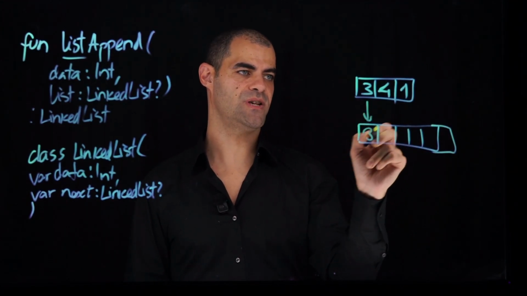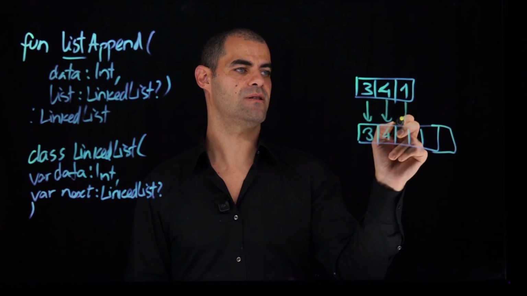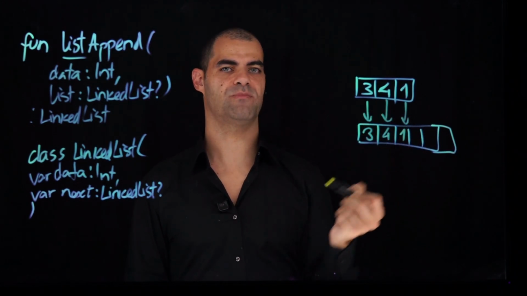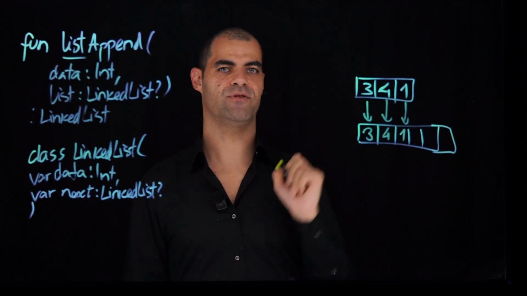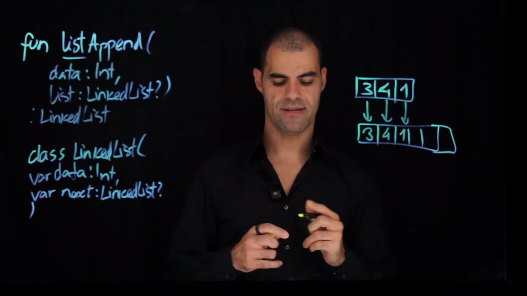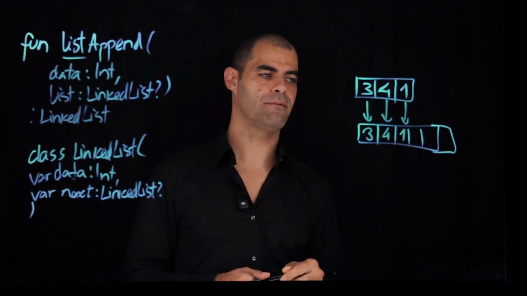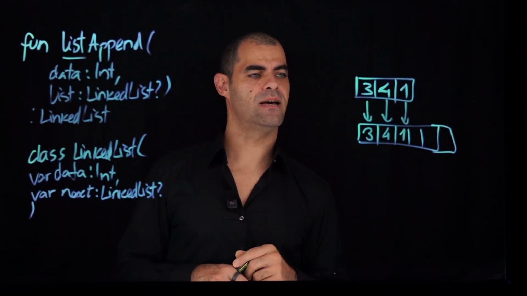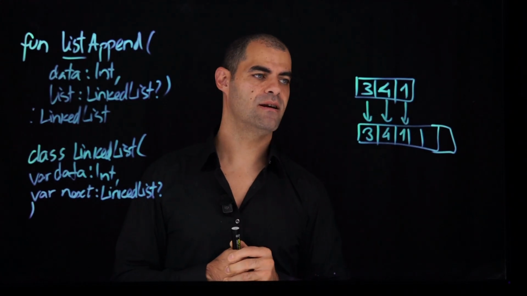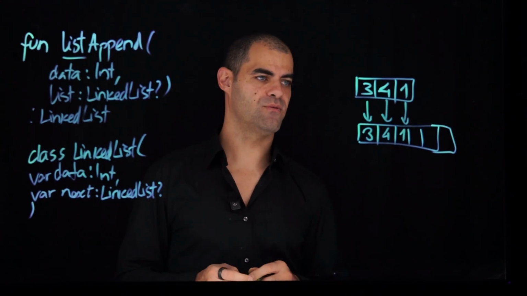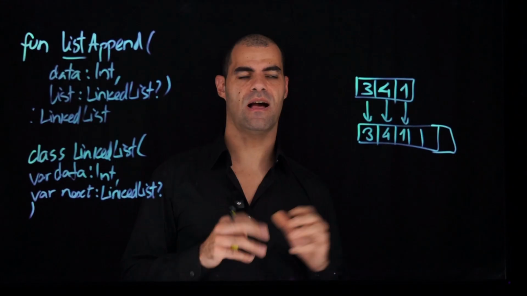So this number goes here, this number goes here, this number goes here, and now we have space for the new one, and we still have 2 slots free. And we keep doing this until we read all the data. We keep doubling the size of the array, or increasing by 50% in the case of Java. So different languages have different algorithms.